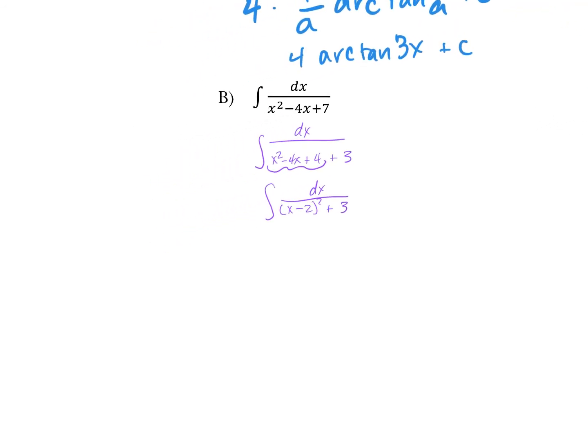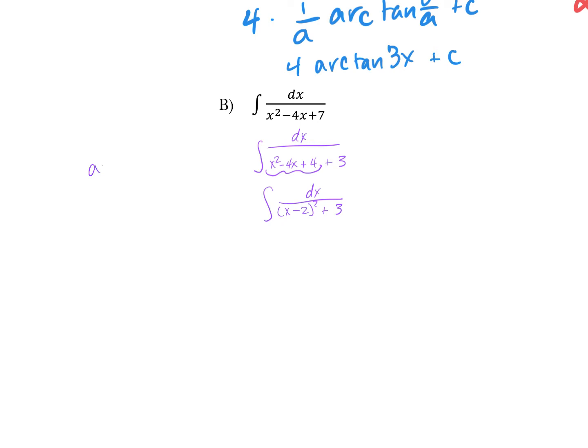Now, it's pretty easy for me to see that my u is equal to x minus 2. Okay? To find my a, I have to consider that a squared has to equal 3. So what does that make a?